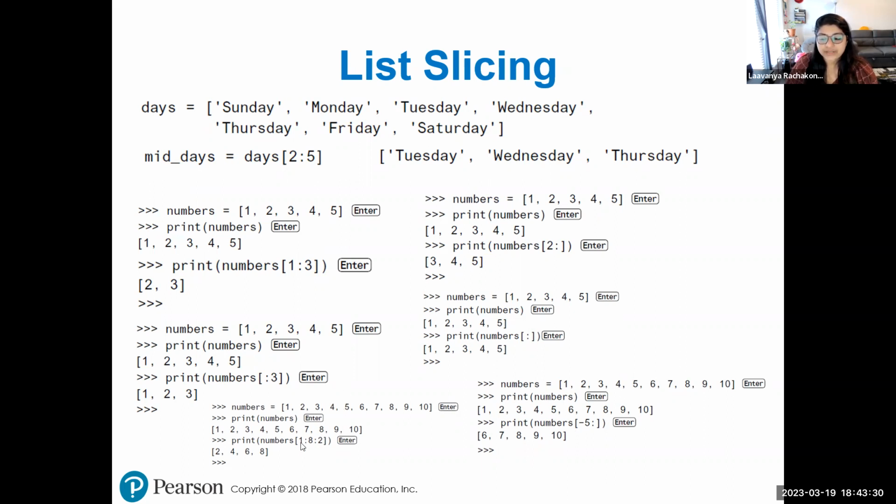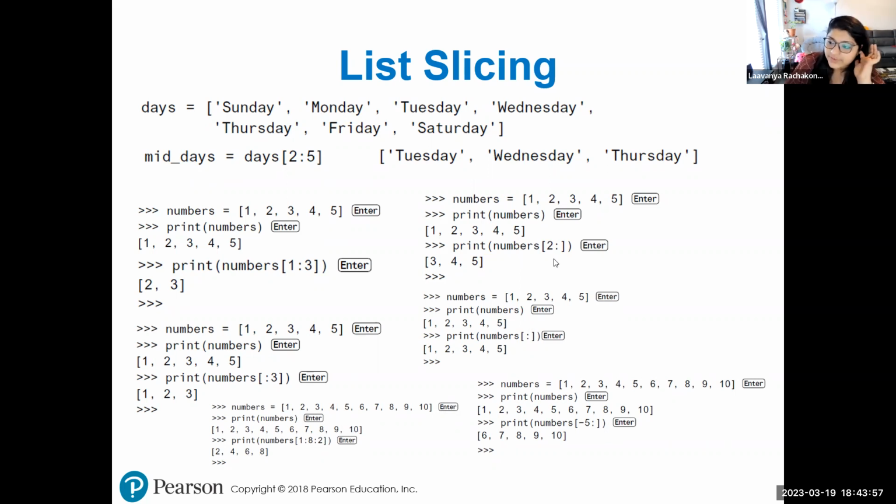So you have 1 as your first index, 8 as your second index, and 2 as a step value. So your 1 is 0, 1. So 2 is your first output. Next, you have a step value of 2, so you'll be jumping 2, 4, 6, 8. That's your output, 2, 4, 6, 8.